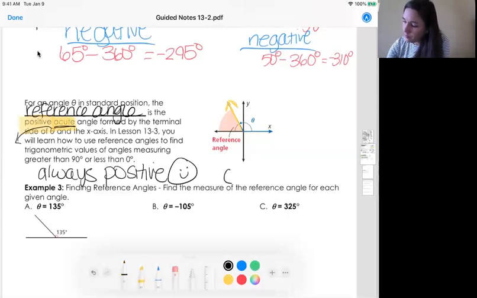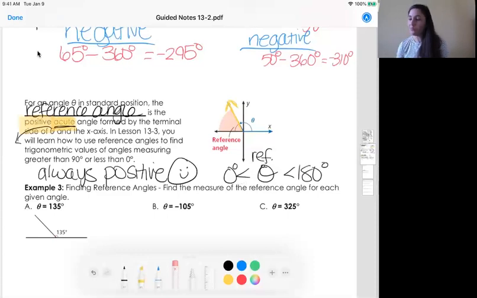So acute, remember, it's going to be between 0 and 90 degrees. So yeah, there it is. I always think of it as the angle formed when you're trying to get to the x-axis. It's going to be the closest angle to bring wherever your terminal side is to the x-axis, depending on which quadrant you're in.